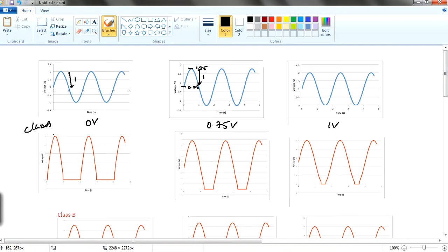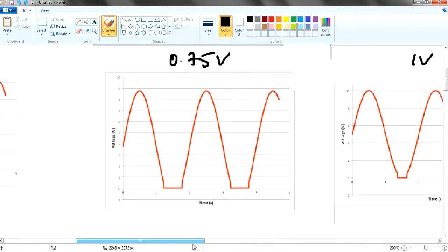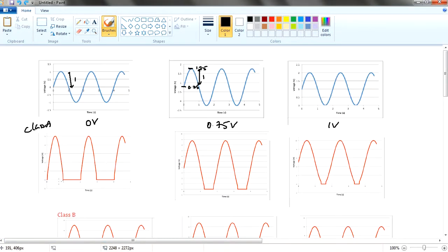However, one good thing about Class A is that this portion over here is being rectified. It's being brought up into the positive side. So at least you have a certain amount of voltage.